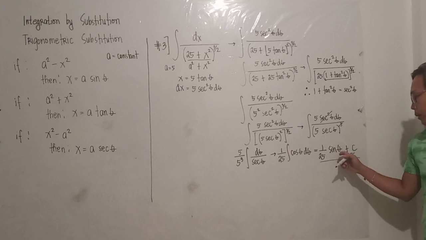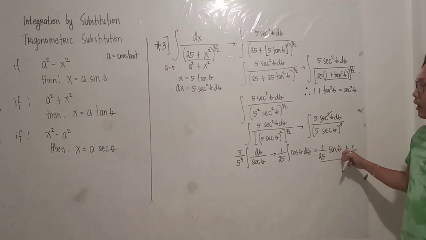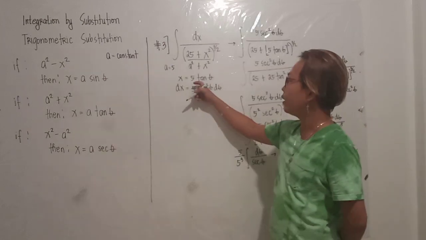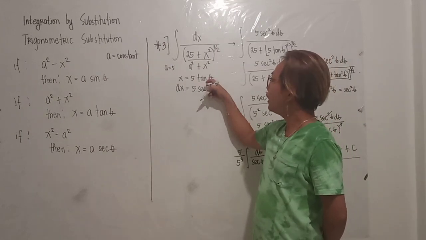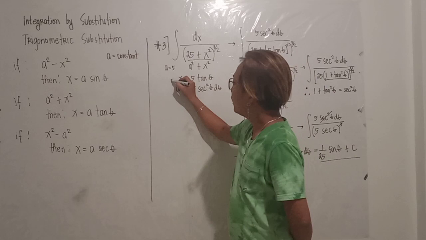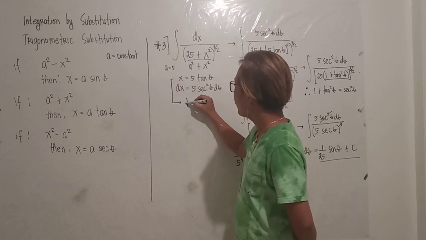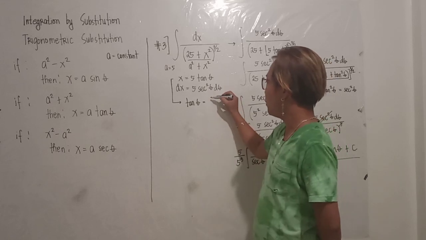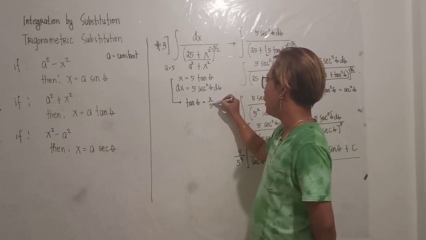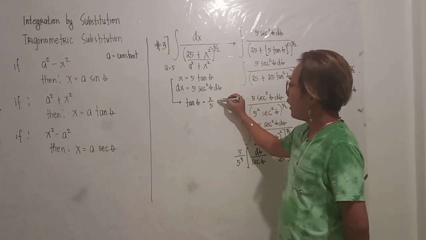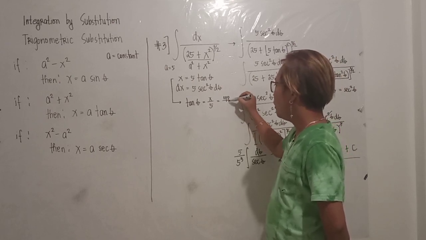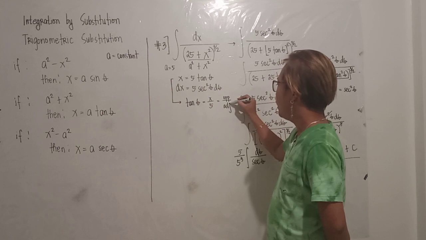But this is in terms of theta, so kailangan natin ibalik in terms of x. Kukunin natin si sine theta using the equation of x equals 5 tangent theta. So tangent theta is equivalent to x over 5. Tangent is opposite over adjacent.